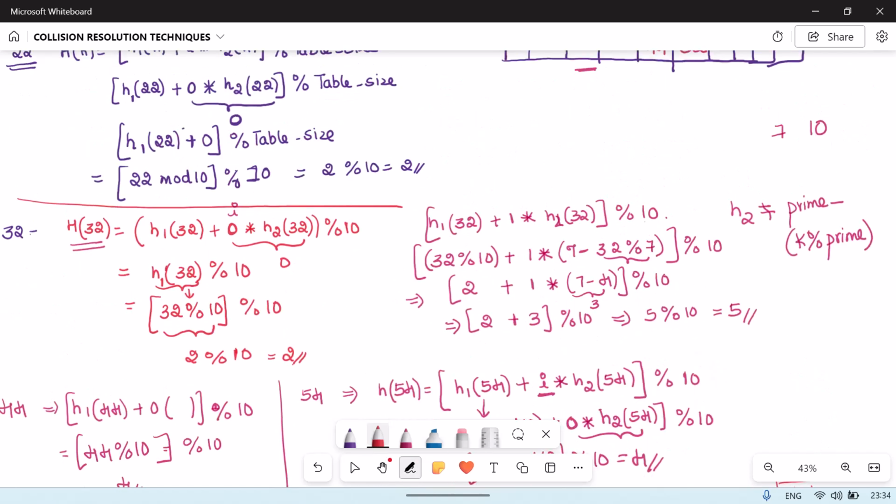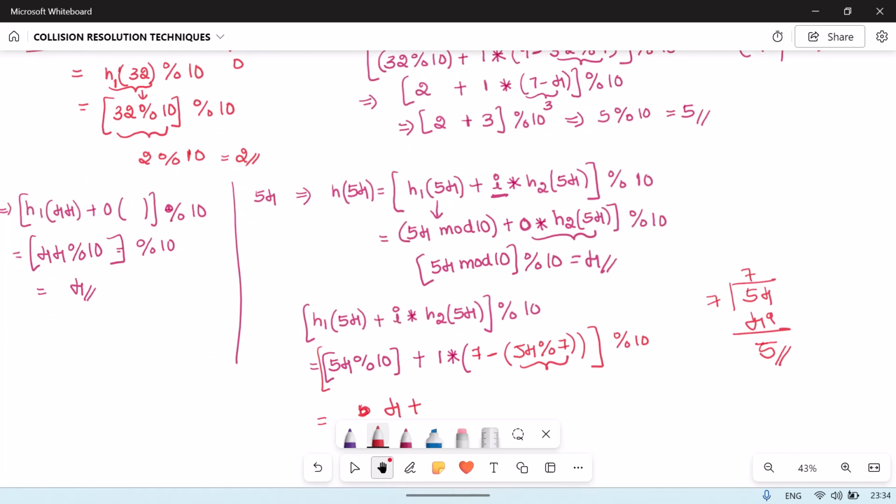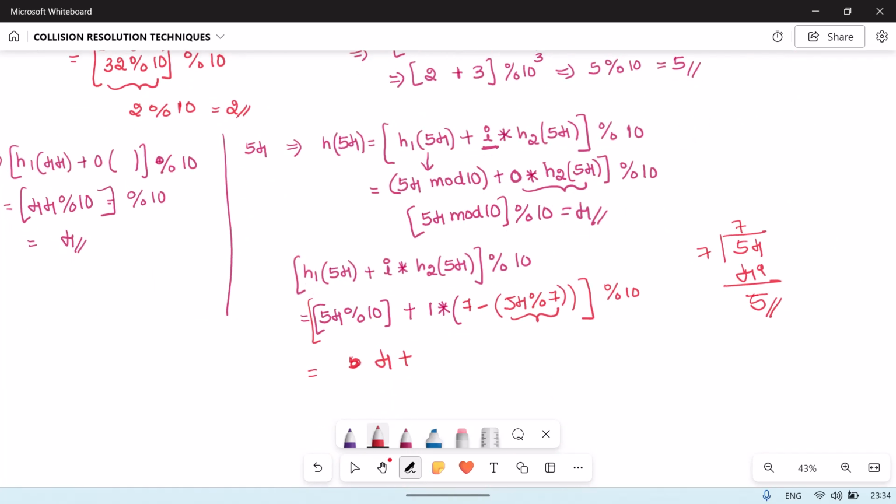Is 5 empty? 5 is also not empty. So it is 1 times 7 minus 5, mod 10. So it is 4 plus 7 minus 5, which is 2, so 4 plus 2 is 6 mod 10, which is equal to 6.